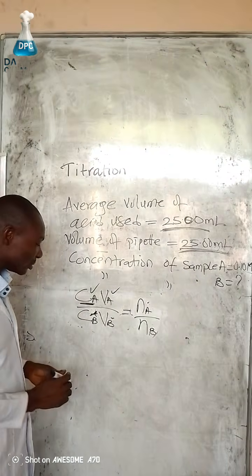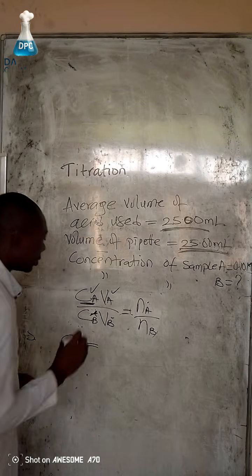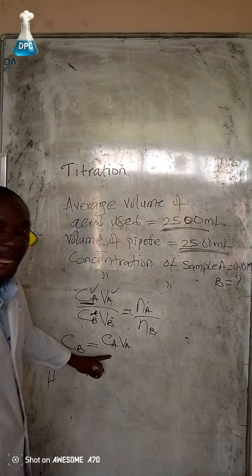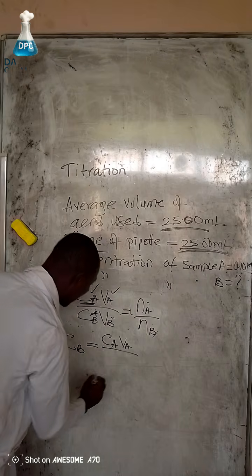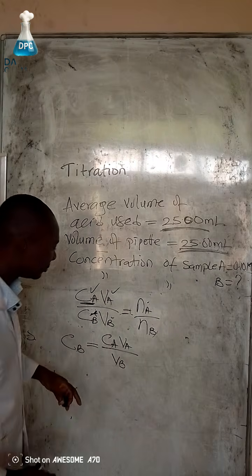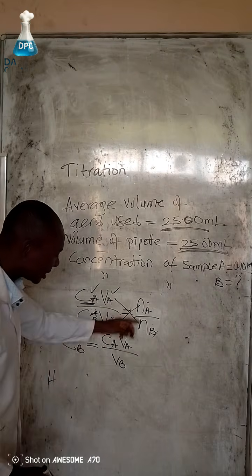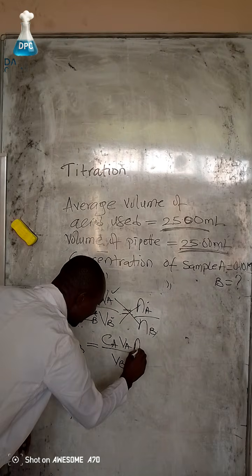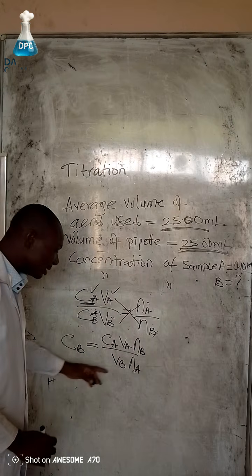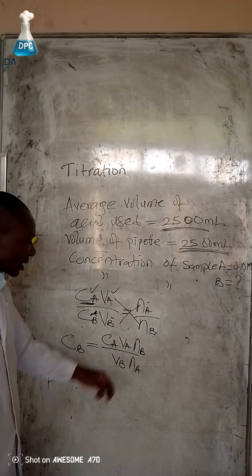If you make CB the subject of the formula, we're going to have CB equals CAVA over VB, and by cross multiplication, this will come to this, and this will come to this. So this will be NB and this will be NA. Now we've successfully made CB the subject of the formula.